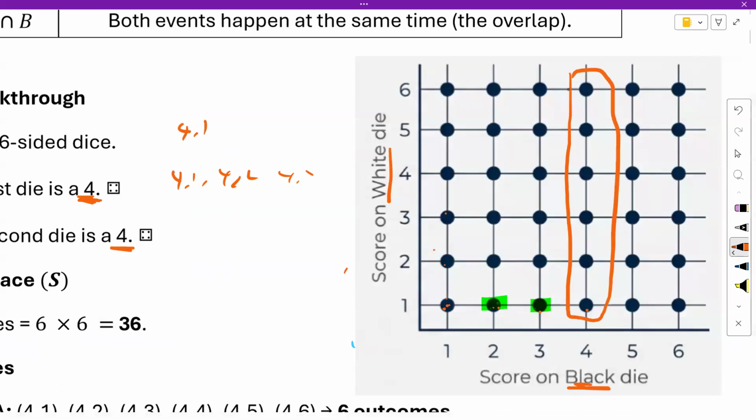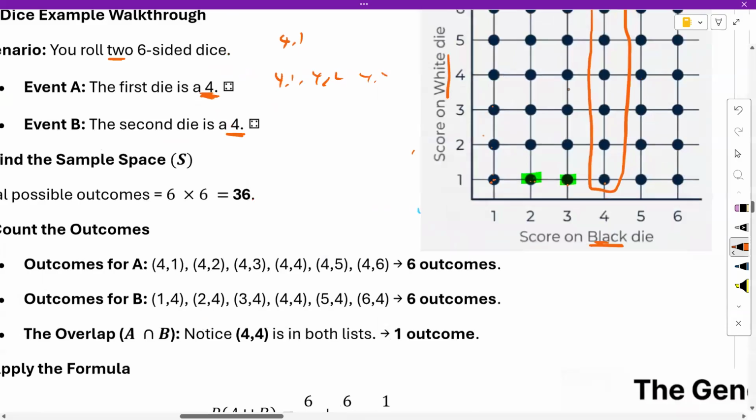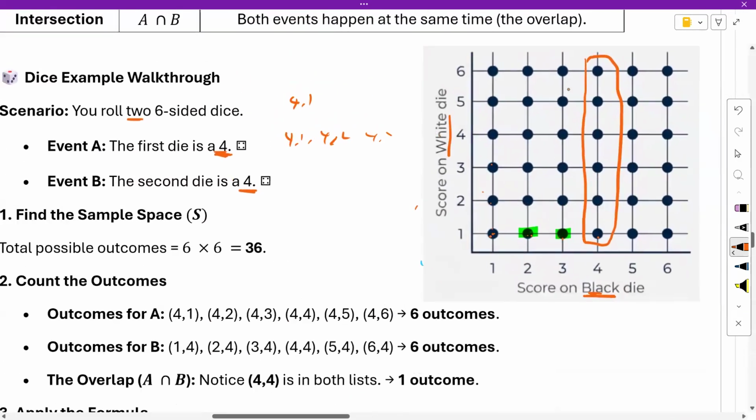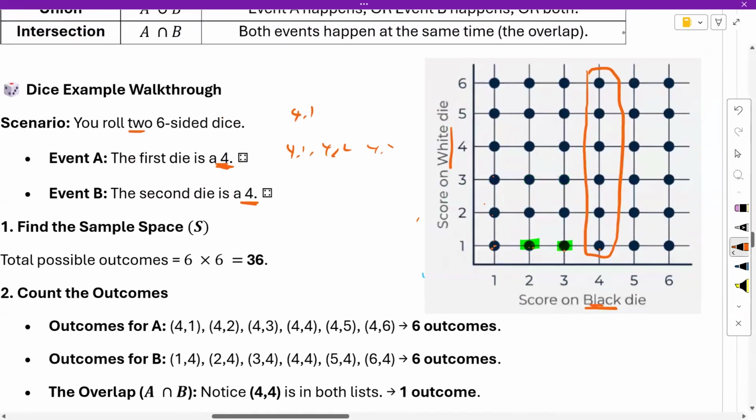So how many outcomes? 6 outcomes. This is event A.